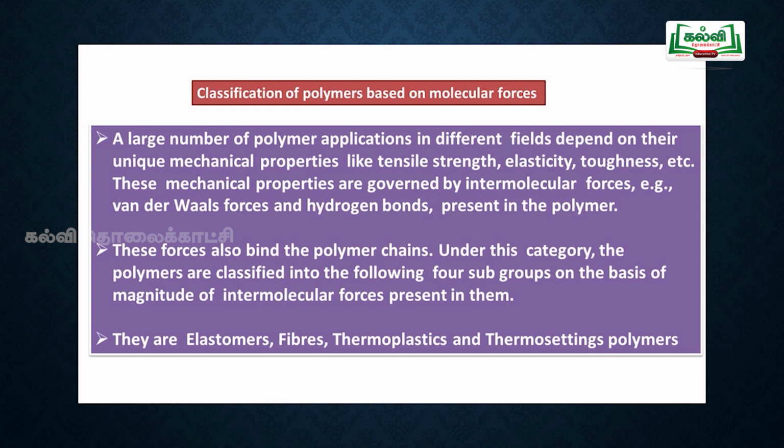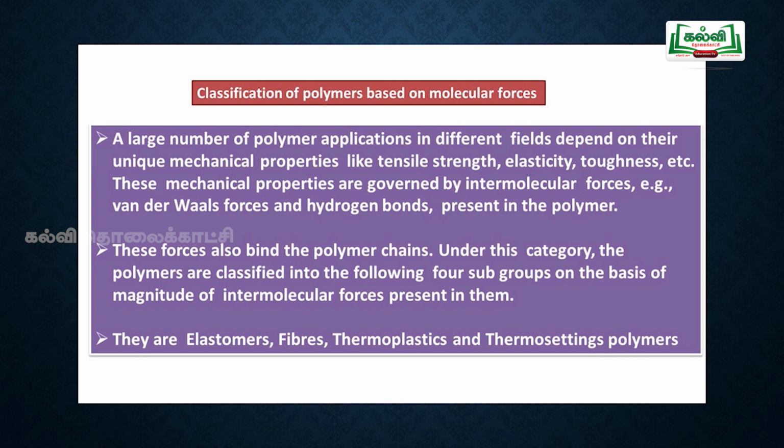The property of the polymer depends upon the tensile strength, elasticity and toughness. These are called mechanical properties. The mechanical properties of polymers depend upon the intermolecular force. So remember, the application of a polymer mainly depends upon the mechanical properties of the polymer.